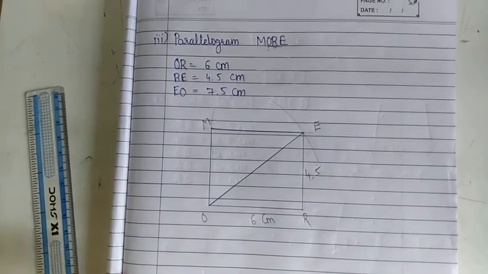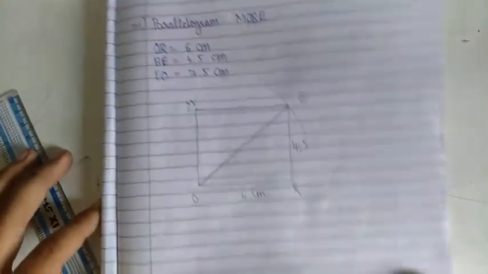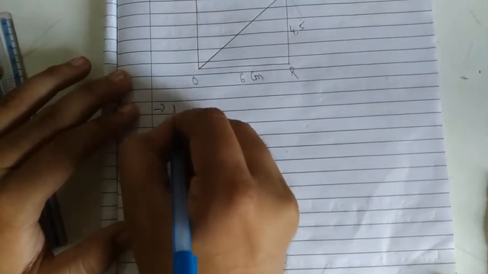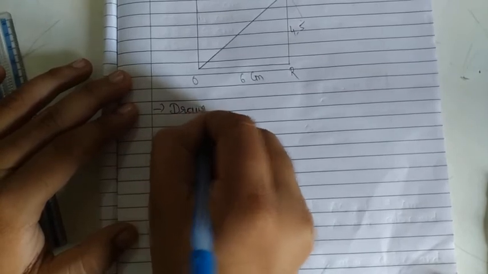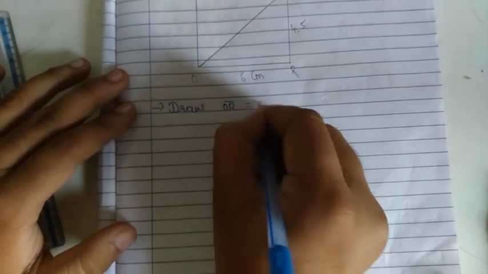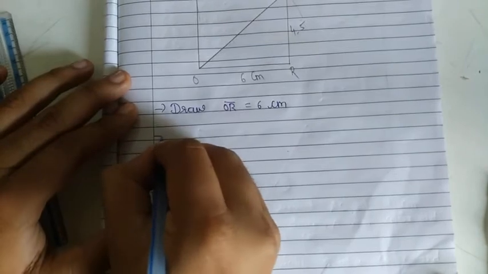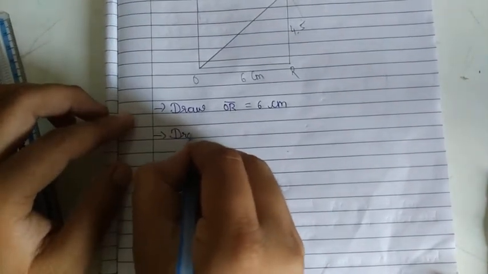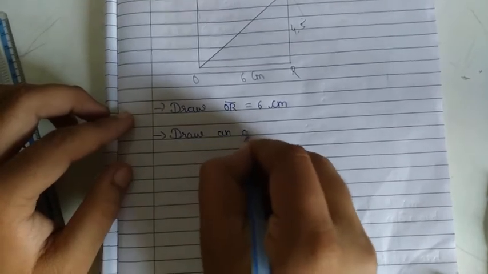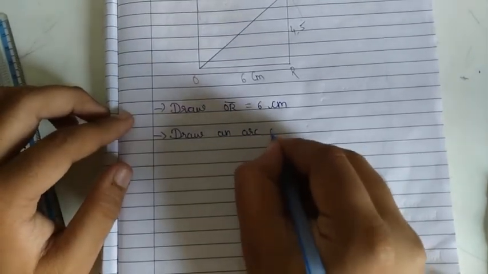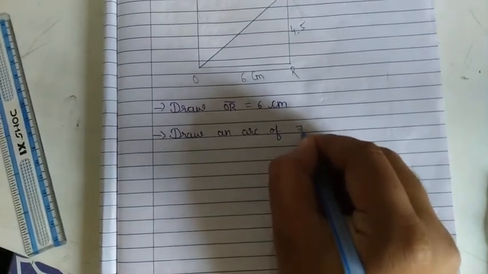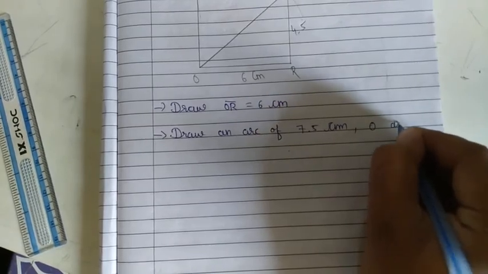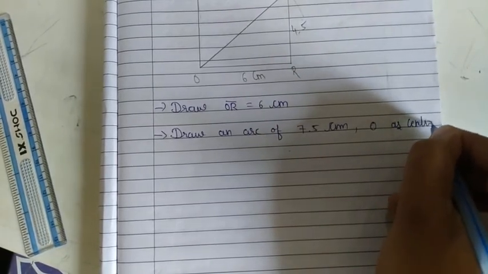So let me write down the points. First of all, draw OR is equal to 6 centimeters. Next point, draw an arc of 7.5 centimeter and O as a center.